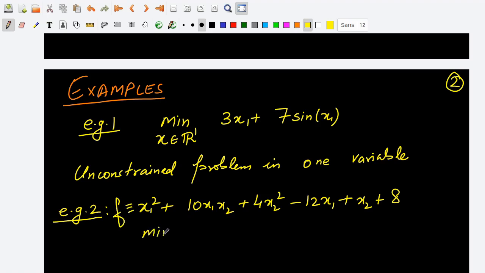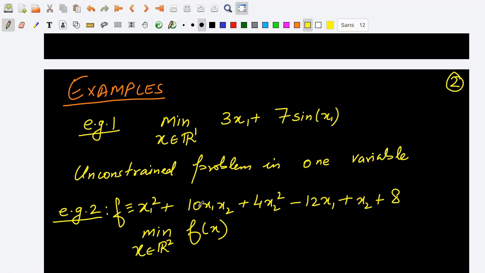So if I want to minimize f(x) where x belongs to R2, that means I'm looking at all vectors of size 2 and I would like to find that vector which minimizes this given function.